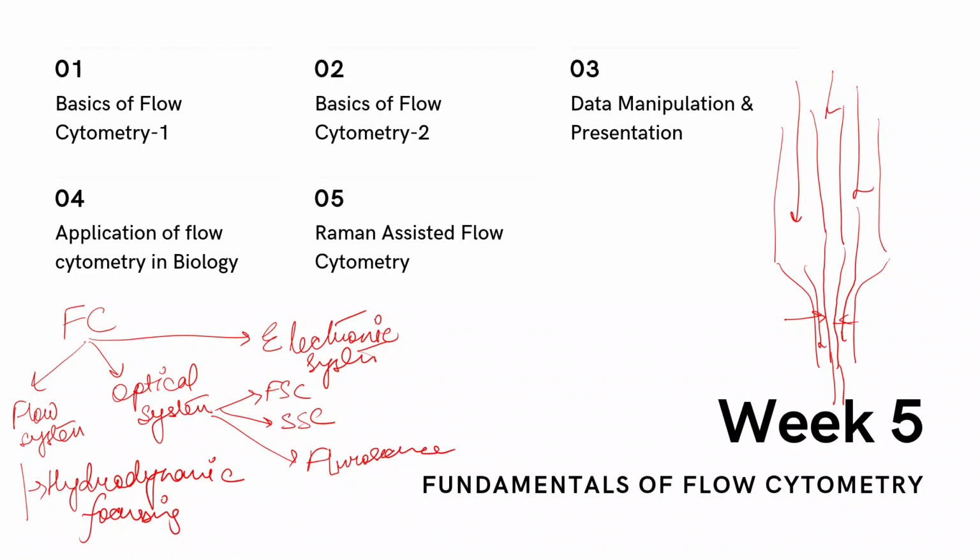Then you have gating, in which you can group your populations of data. It depends on your experimental design, and it can give very good correlations which you can derive from your experiments.